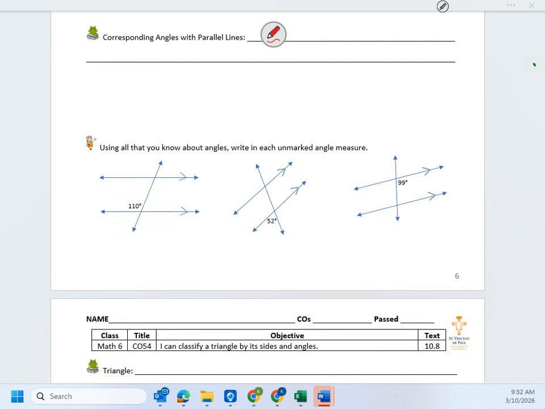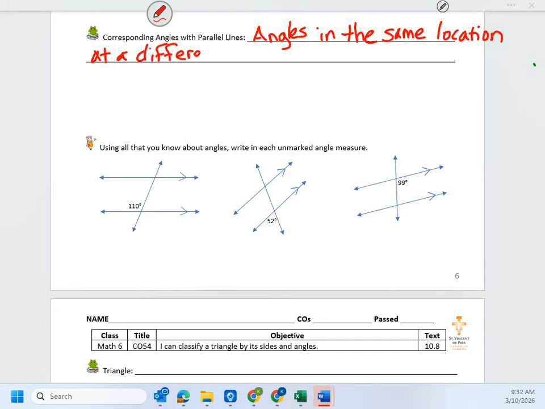And so these angles in the same location at a different vertex, when lines are parallel, corresponding angles are congruent.